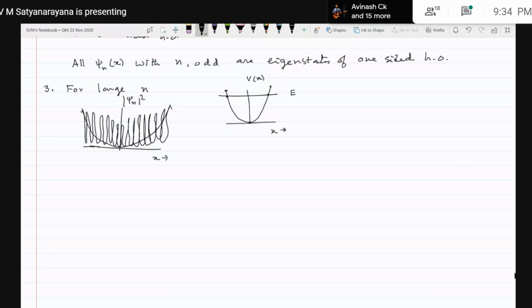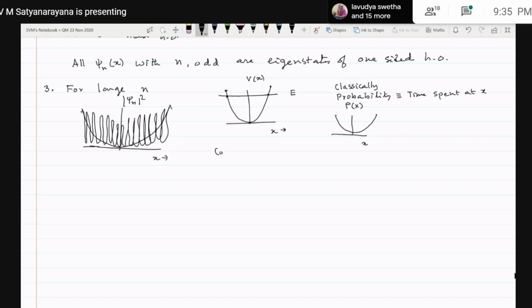So if you define the classical probability of a harmonic oscillator as the amount of time spent at some point x, and you define this as rho of x, then if you plot rho of x versus x, it will have a formula, and the wave function mod square for large n will coincide with this classical notion of probability.